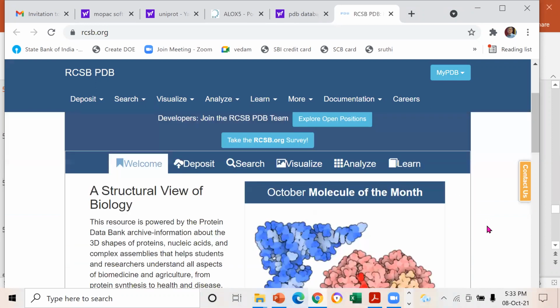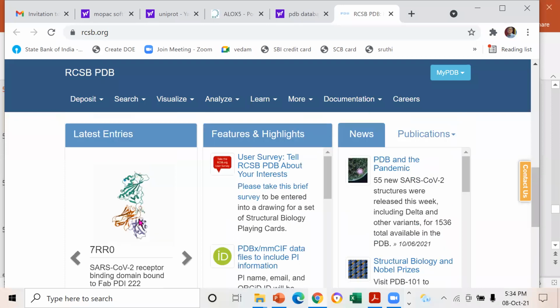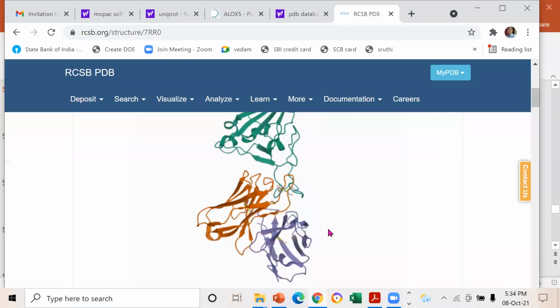Here also we can search a protein. This is 7RR0, a SARS-CoV-2 receptor binding domain bound. It is the latest entry, so there must be a lot of research going on SARS protein targets.